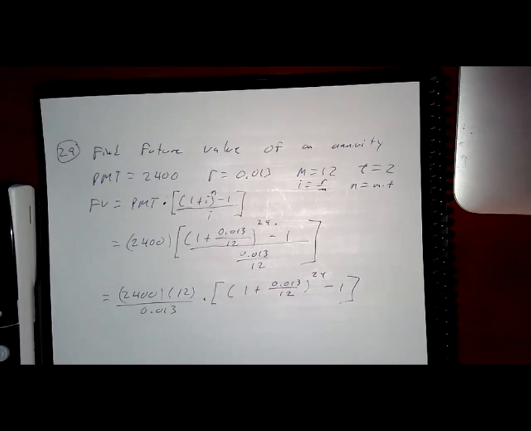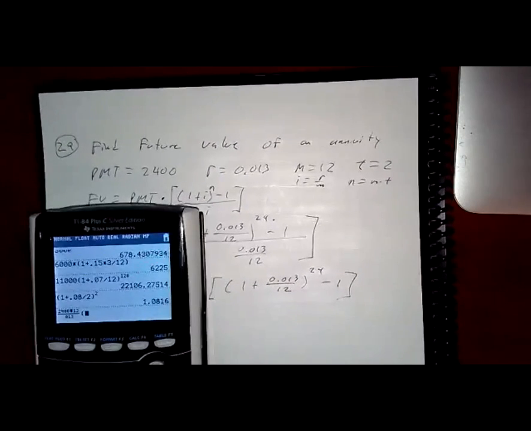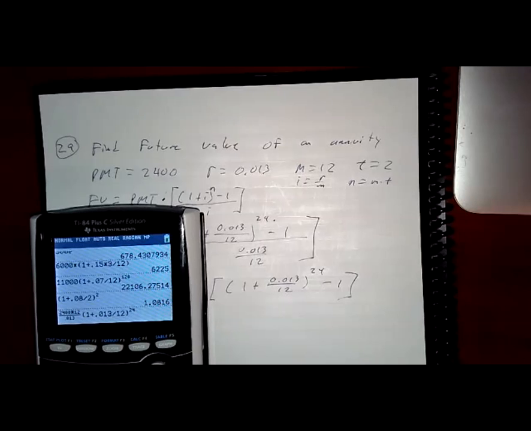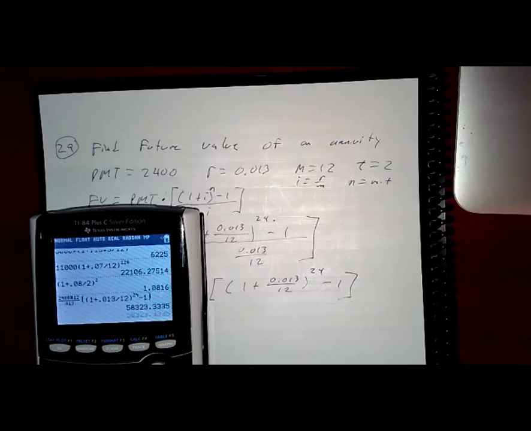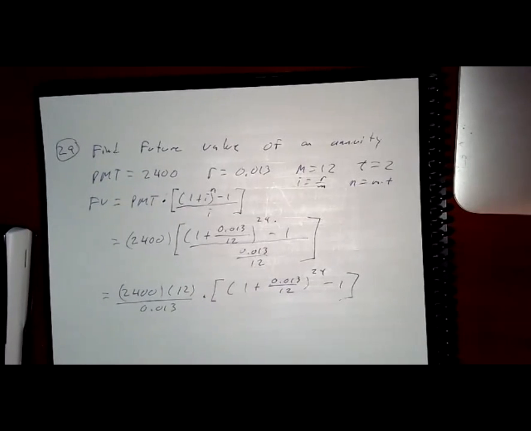Okay. So put this in your calculator. That will be 1 plus 0.013 divided by 12 to the 24 minus 1. I need another set of parentheses in the front. There we go. Does that seem reasonable? Well, we don't have a principal, so let's hope that is reasonable.